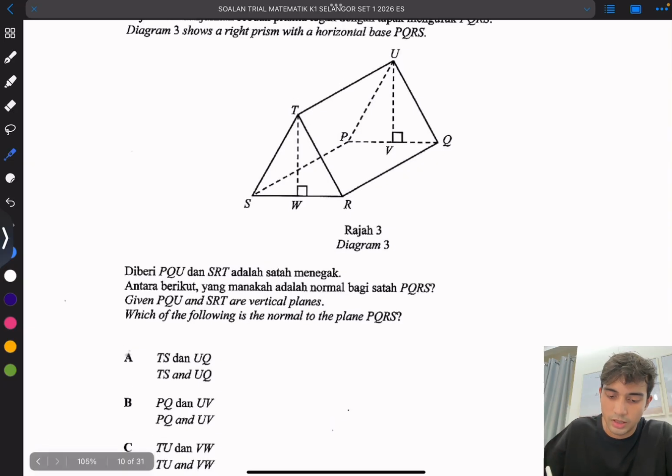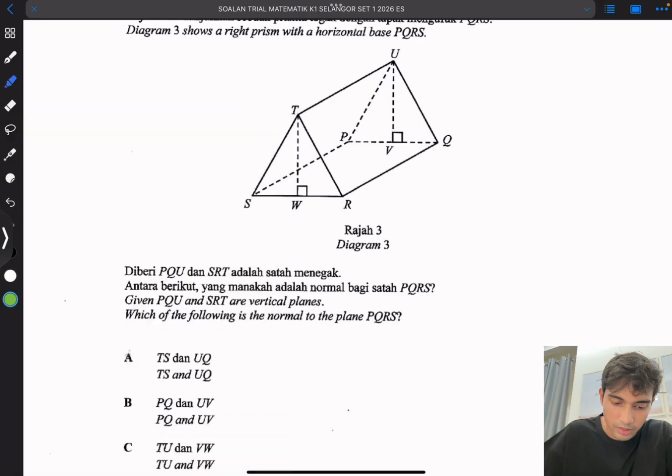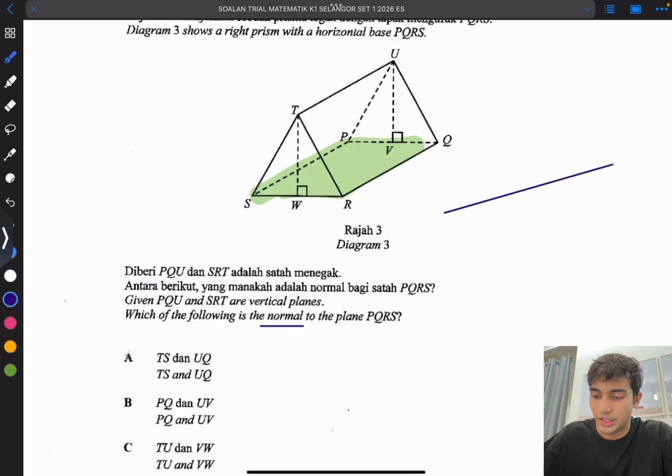Okay. So our plane PQRS, let's say green, is down here. They're asking which of these is normal. Normal means perpendicular. So if this is our straight line, a normal line would be perpendicular to this line.